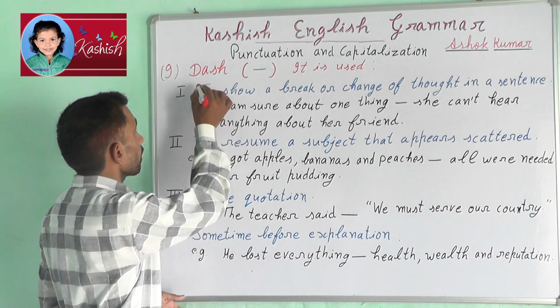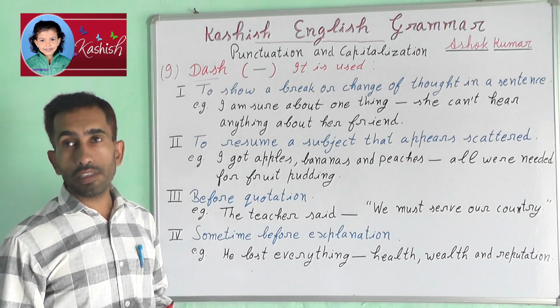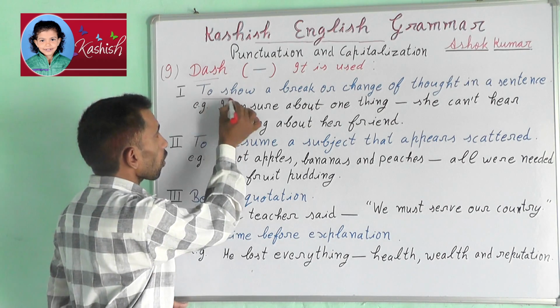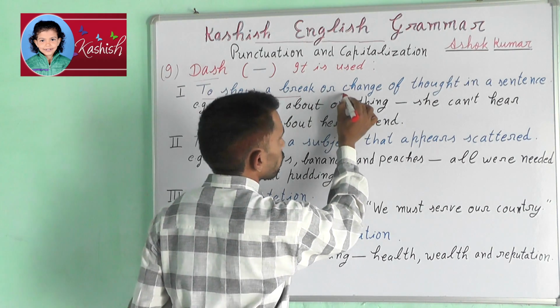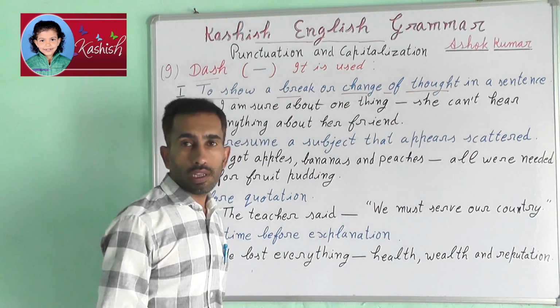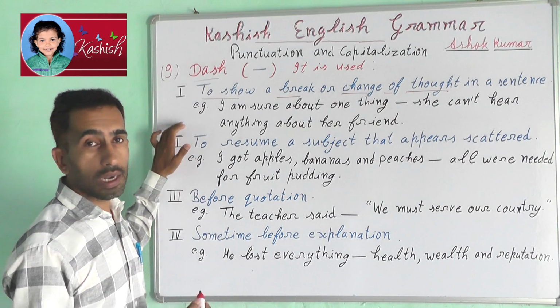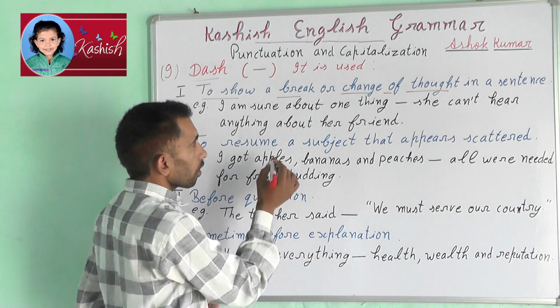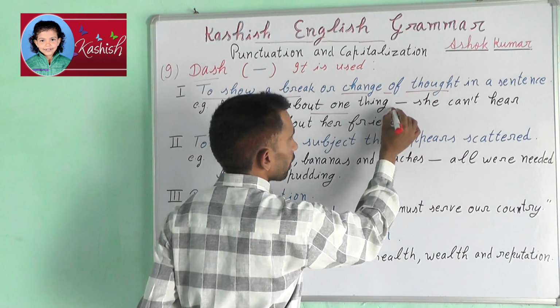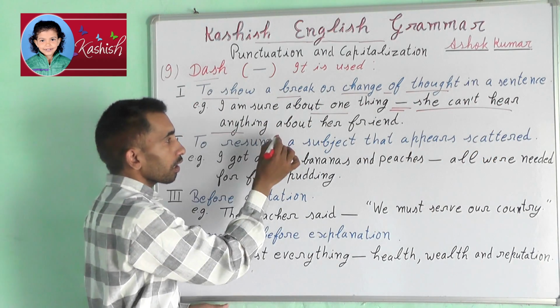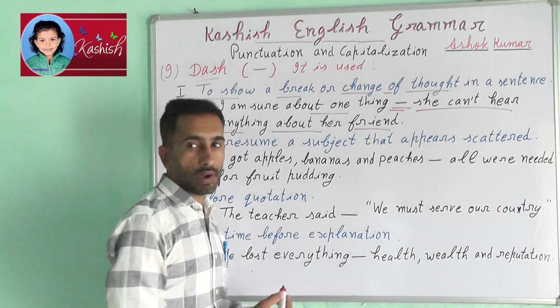Ninth, dash. It is used first to show a break or change of thought in a sentence. For example, "I am sure about one thing—she can't hear anything about her friend."